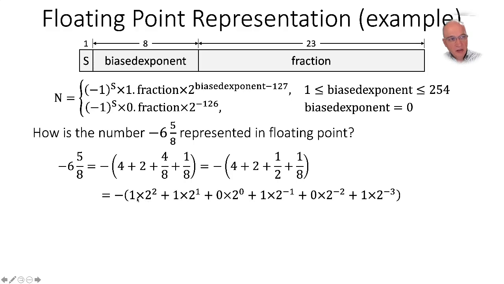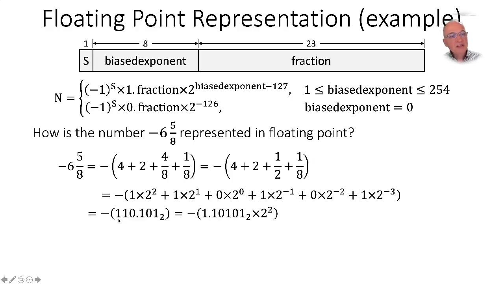Once I have done that, I can now express this number as powers of 2. This would be 1 times 2 to the 2, plus 1 times 2 to the 1, plus 0 times 2 to the 0, I do not have a 1 there. Plus 1 times 2 to the minus 1, that's the 1/2. I don't have 1/4 here, so it's 0 times 2 to the minus 2, plus 1 times 2 to the minus 3.